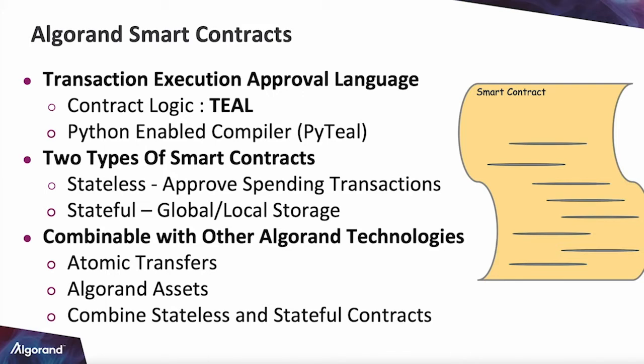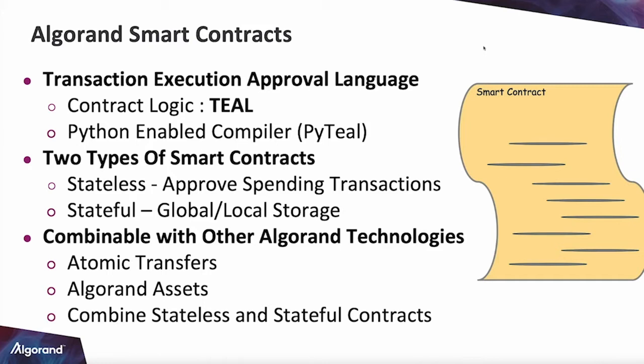So stateless can be used to approve spending transactions. And stateful provides both global storage on the blockchain itself as well as local storage on a per-user basis. And it's very important to point out, this is combinable with other Algorand technologies, including atomic transfers, Algorand assets, and you can combine stateless and stateful contracts.